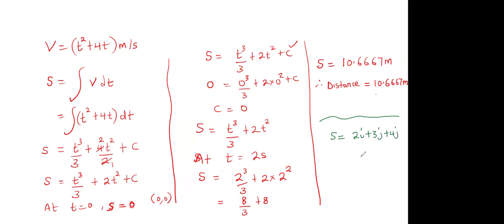You would have remained with something like that, maybe K. In order for you to obtain your distance, you'll come and get the magnitude of your displacement. So distance is given by the magnitude of the displacement. So you would have just come and said 2 squared plus 3 squared plus 4 squared, and then you get the answer. That is the meaning if our vector was in more than one direction.